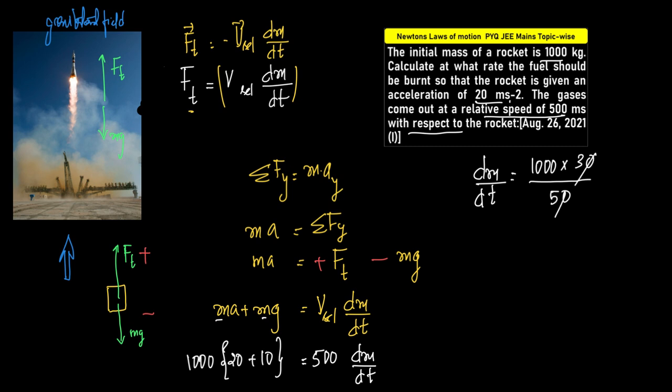Now this gets cancelled, so it is 3000 by 50, and therefore dm/dt is equal to 60 kilogram per second.